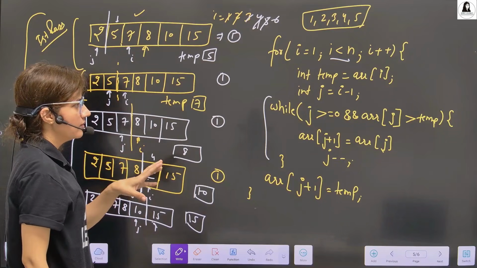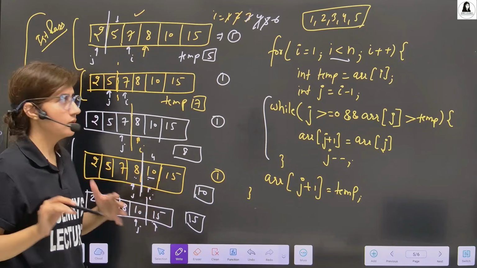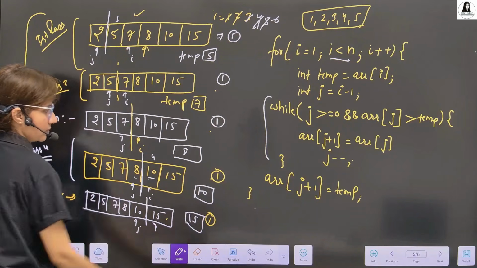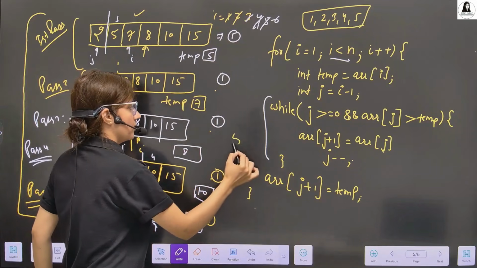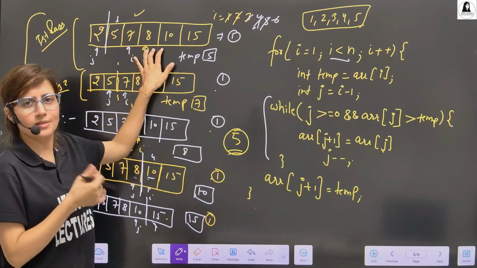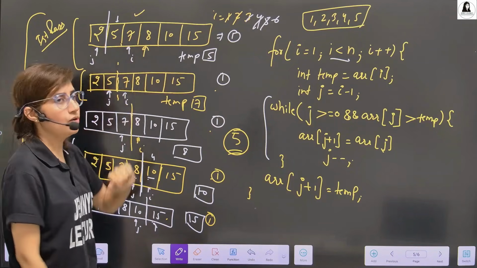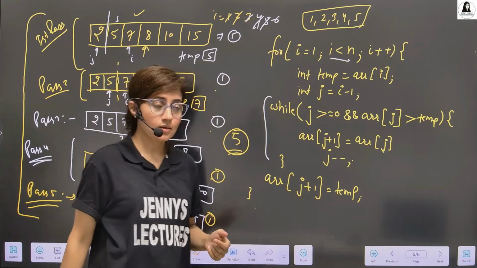But if you check the number of comparisons, in every pass there is only one. So it's 1, 2, 3, 4, 5 comparisons total. The best case is obviously when the array is already sorted. If the array is in descending order and you have to arrange it in ascending order, that would be the worst case.